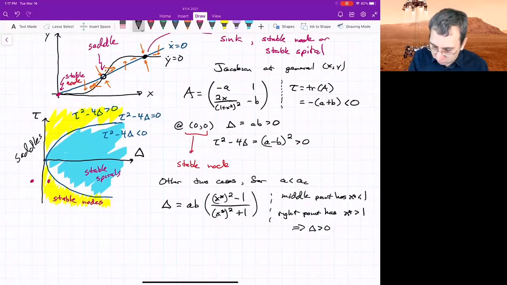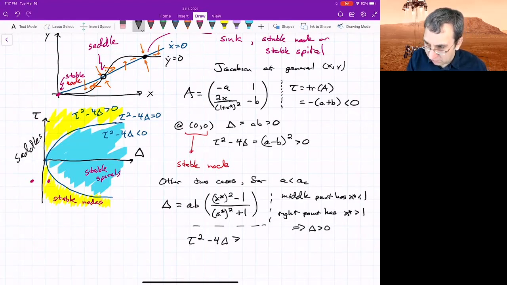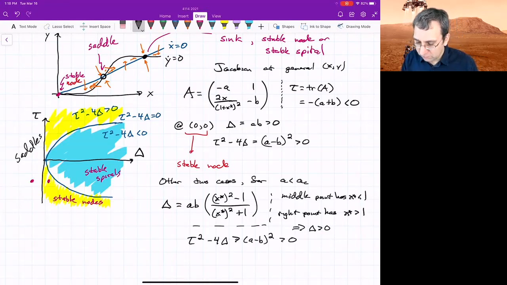And again, if you work out what it is for that right point, you'll have tau squared minus 4 delta being greater than (a minus b) squared. And so that means it's greater than 0, which means, again, we're in the stable node region.